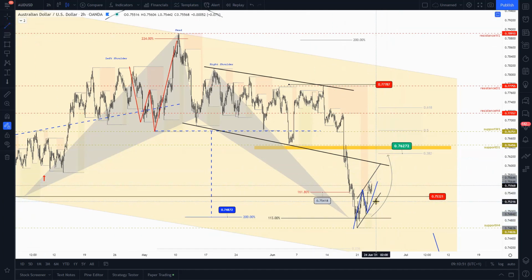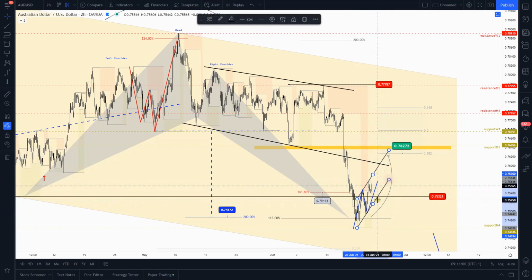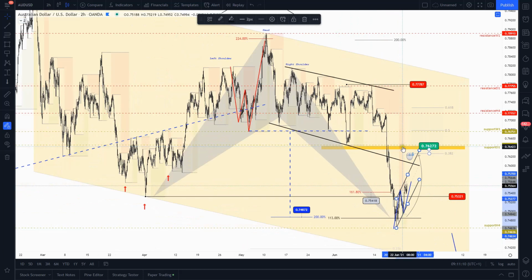So if I need to suggest something for this structure, we need to see what the price will do inside this ascending channel. Of course, a violation below this trendline support may suggest a retest of the bottoms or even more downside.